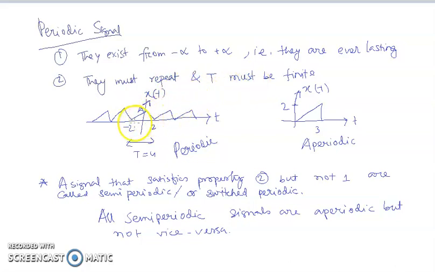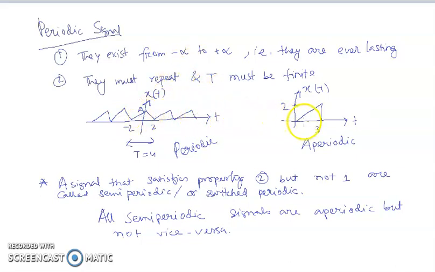Here, the portion of the signal from -2 to 2 is repeating for every time period T equal to 4. So there is a pattern of 4 seconds which repeats after every 4 seconds. Since T equal to 4 is a finite number and the signal is repeating, it is a periodic signal, and periodic signals last from minus infinity to plus infinity.